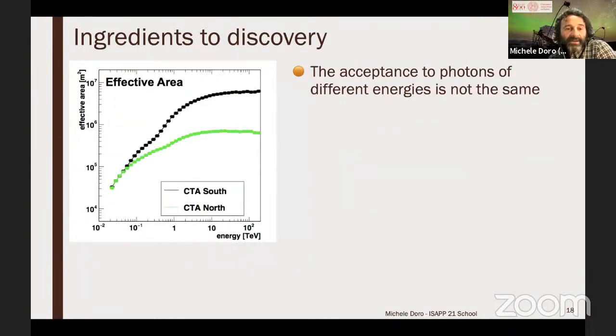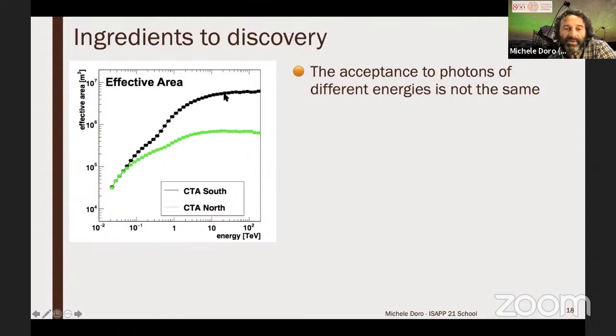Another ingredient is the effective area. Here you have saturation, and when you have 100% efficiency, okay? You can call it efficiency. So you have 100 gamma rays reaching the instrument at 10 TeV, and you detect all of them.